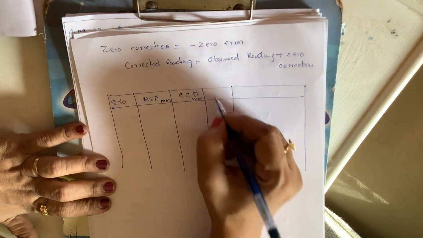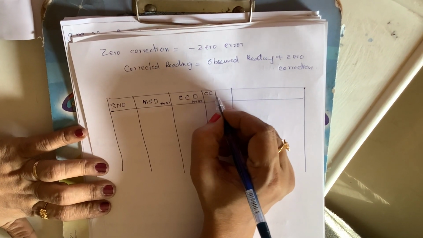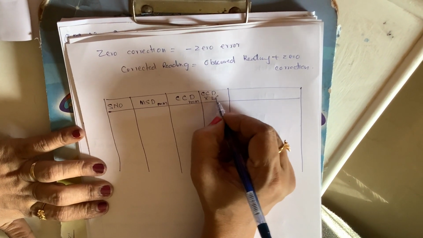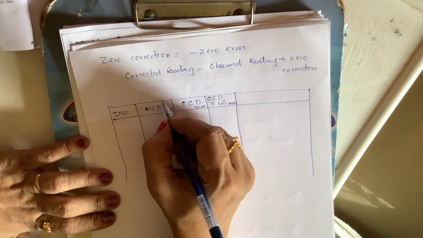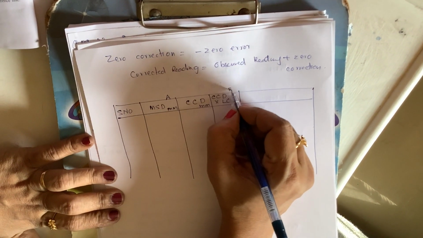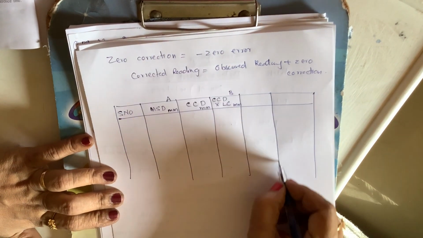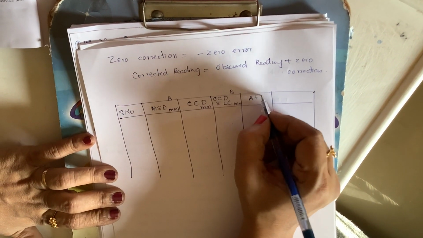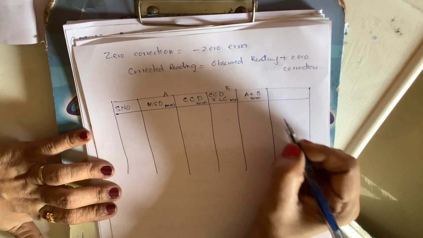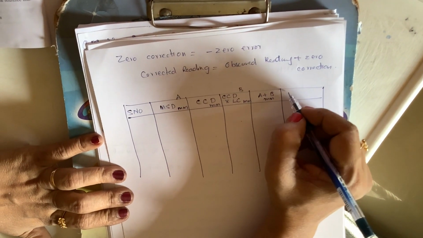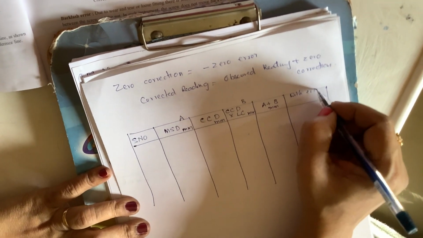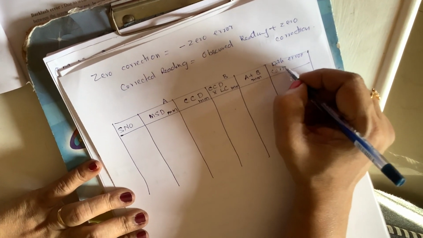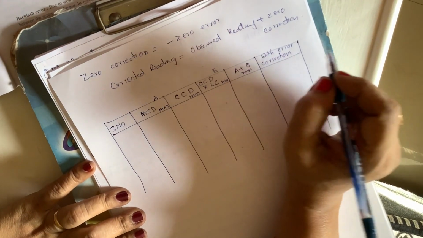Then after that, coinciding circular scale division into least count. So that is also in millimeters. Let this be capital A, let this be capital B, and the reading is A plus B millimeters. Suppose if there is an error, with zero correction, with error correction, you have to write here. And that will be the final.